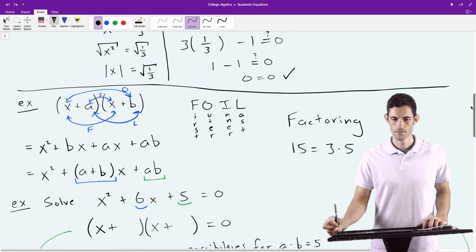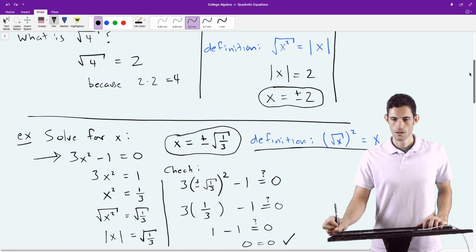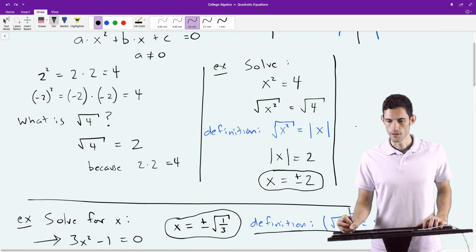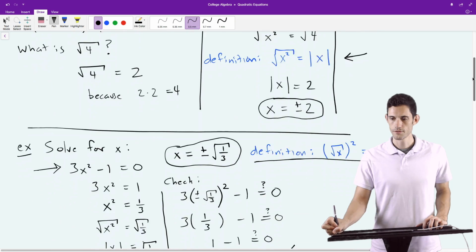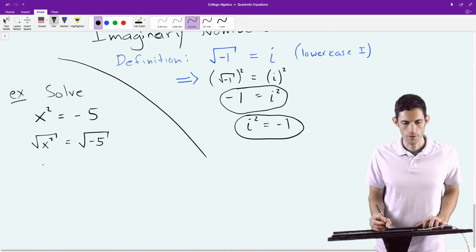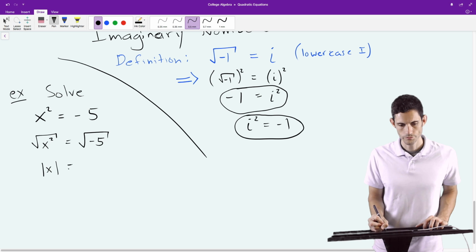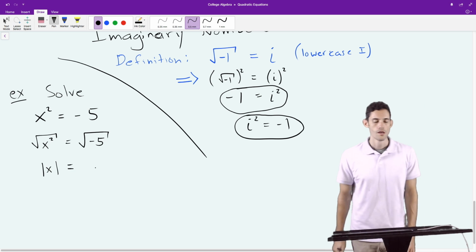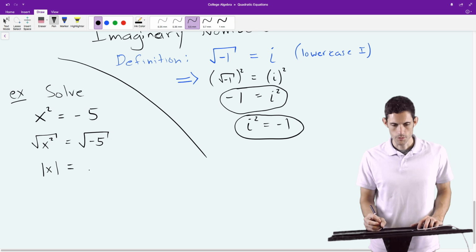Let's look for that. There it is. The square root of x squared is the absolute value of x. So on the left-hand side, I'm going to write absolute value of x. And on the right-hand side, I'm just going to leave this alone for the time being.